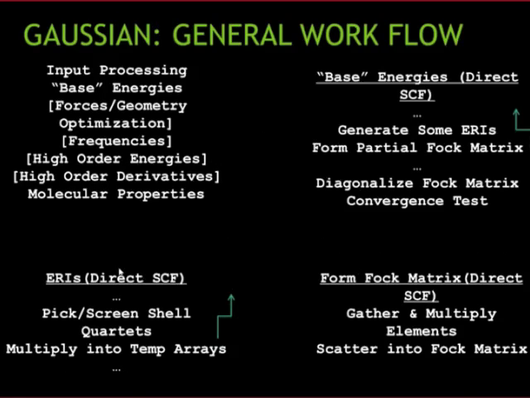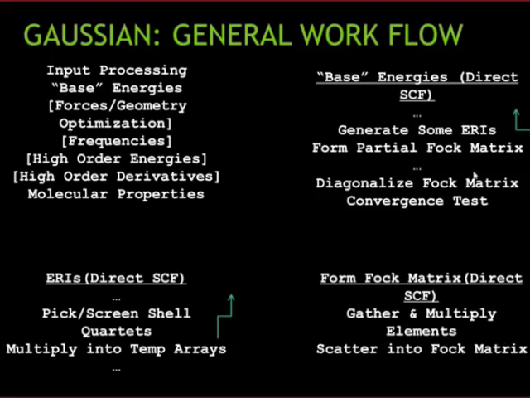So when we perform a Gaussian calculation, usually you process the input, and you compute the base energies, essentially Hartree-Fock calculations. Then it's possible to do some extra calculations, like first derivatives for forces or geometry optimizations, or high order energy calculations like MP4 or CCSD(T), and then you compute molecular properties.